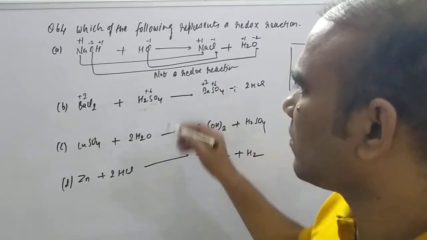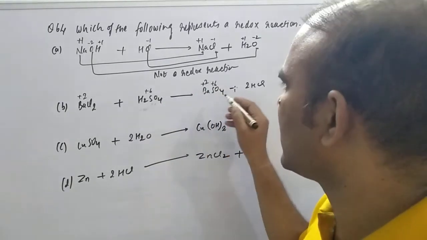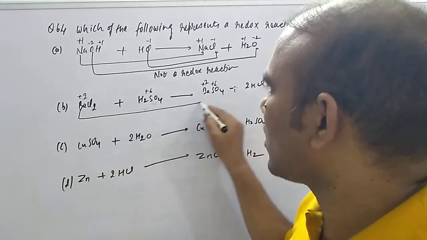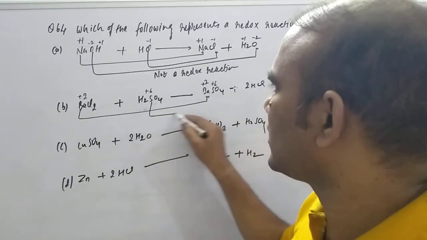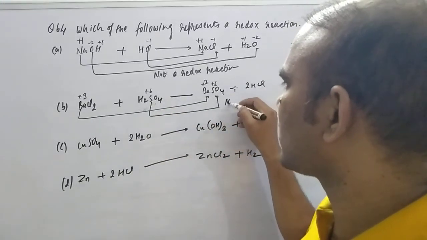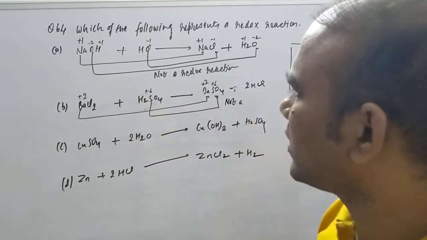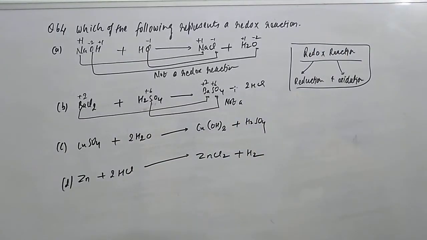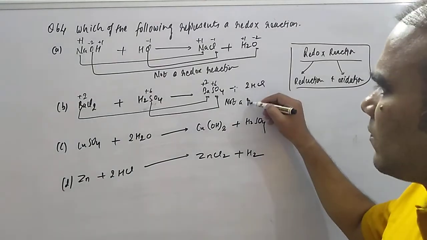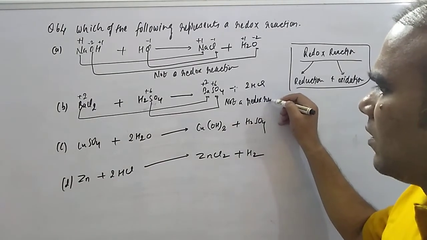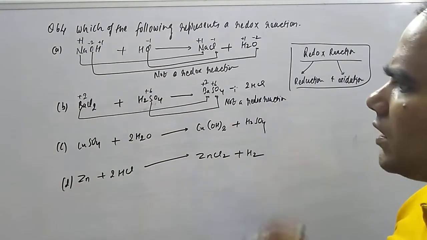And oxygen is -2. So here also there is no change. In this case there is no change, so it is not a redox reaction. Now student, check the other options.